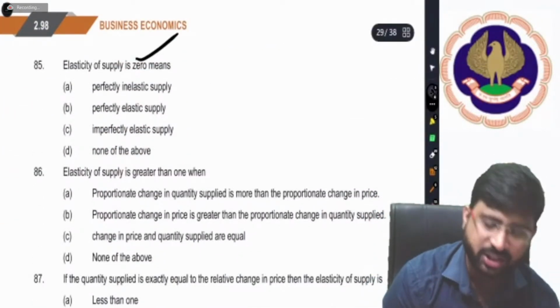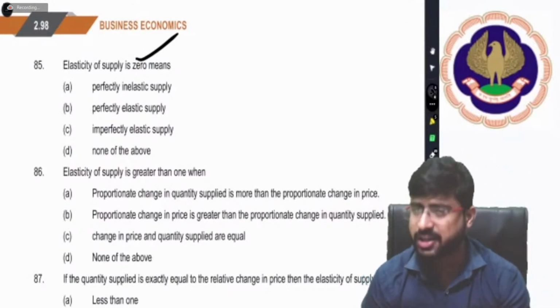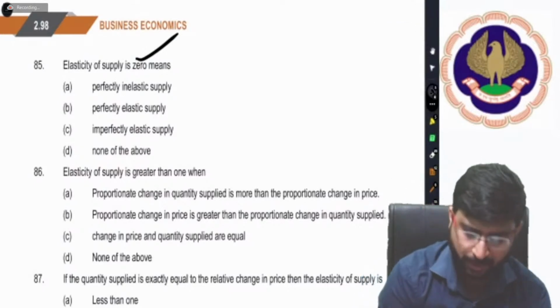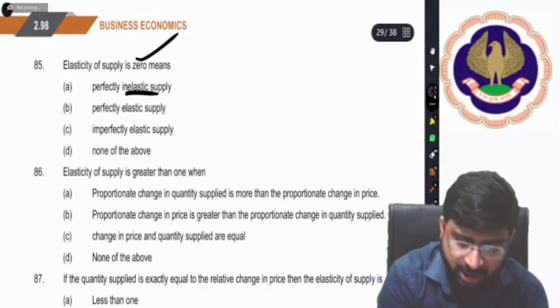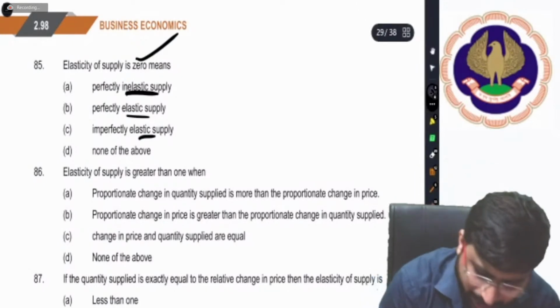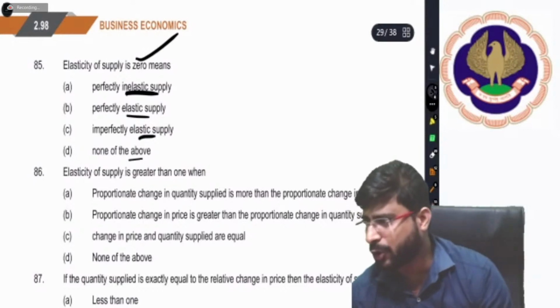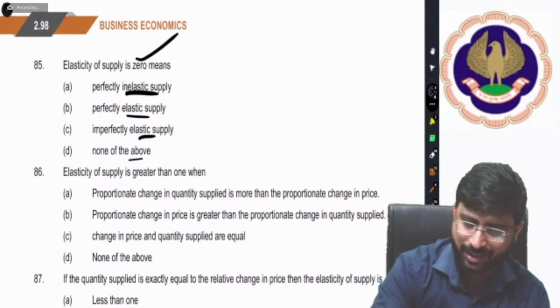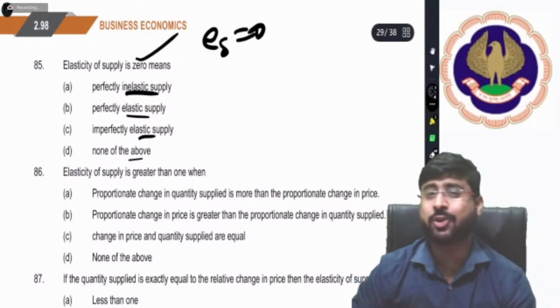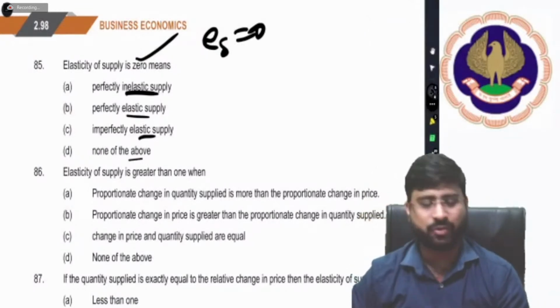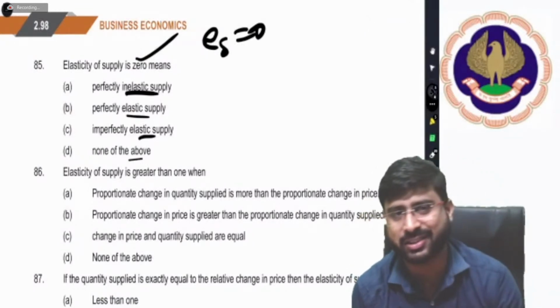Achha. If elasticity of supply is zero, we have studied it today. What does it mean? Supply is perfectly inelastic, supply is perfectly elastic, imperfect, or none of the above. What do you think is the answer? Remember, it is zero. Think of the fraction. My hint is only think of the fraction.